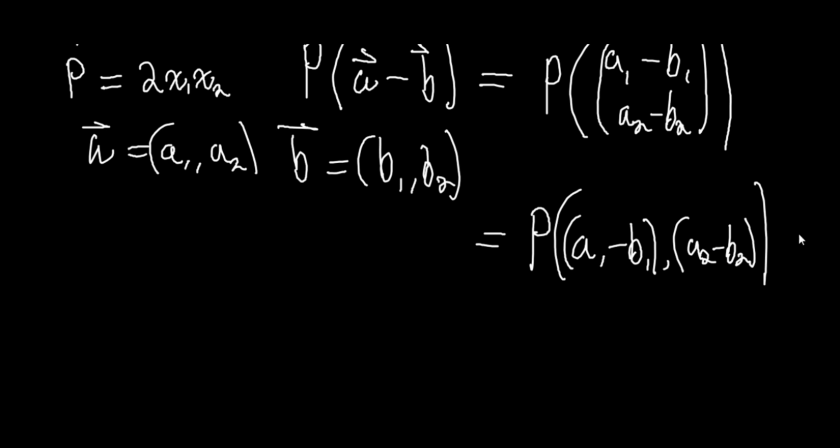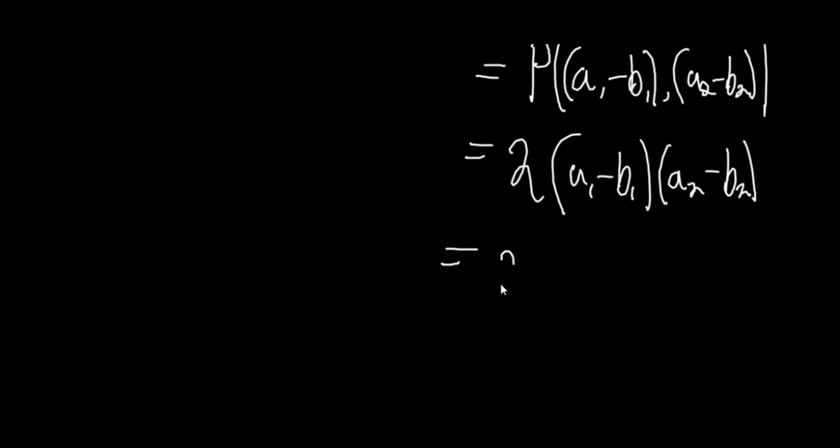And so this gives us 2 times (a1 minus b1) times (a2 minus b2), and if we expand this out, this gives us 2 a1 a2 minus 2 a1 b2 minus 2 b1 a2 plus 2 b1 b2.